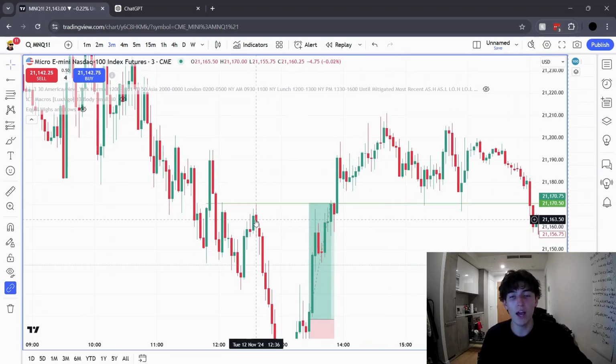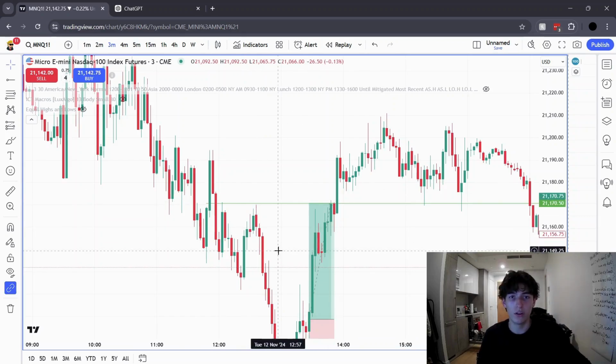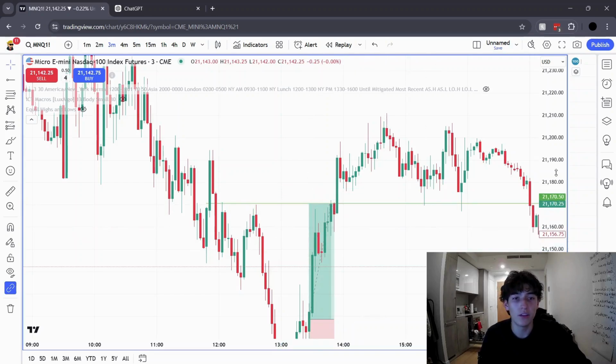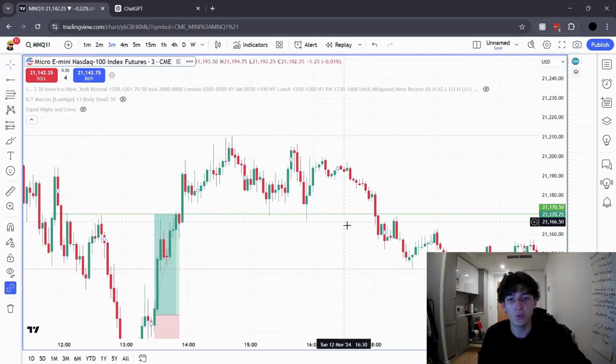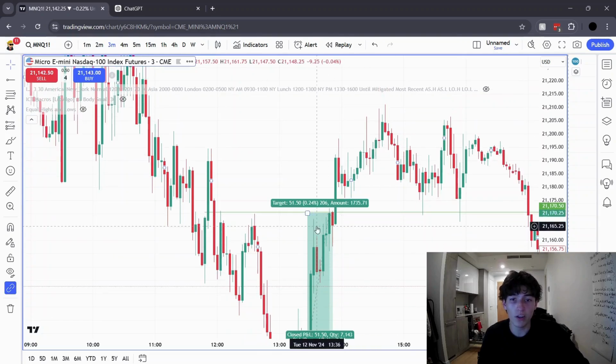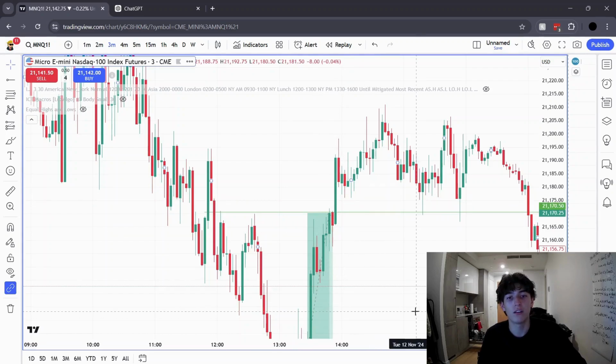But what I was talking about, equal highs: market will target these equal highs to then be able to go lower, right? Because as I said, there's liquidity above these equal highs. So you would want to set your take profit at the same level as these equal highs, because like here, it didn't do it right away. But a lot of the times, once market reaches these equal highs, what's it going to do? Fill orders, go back down.